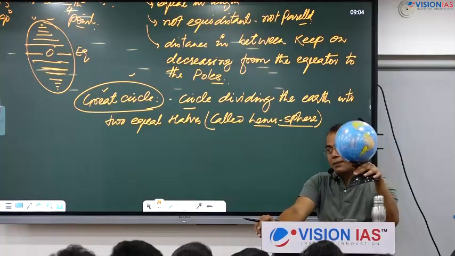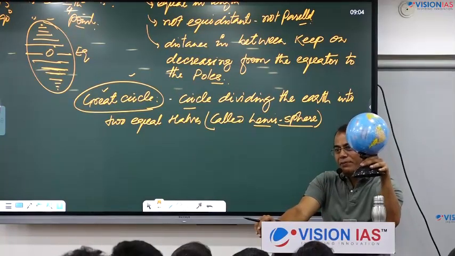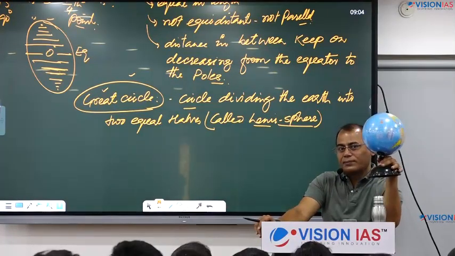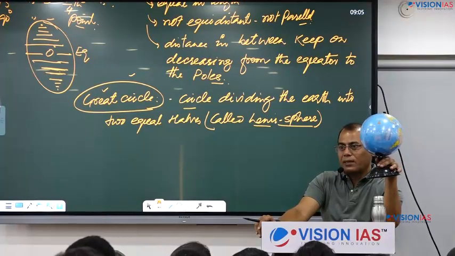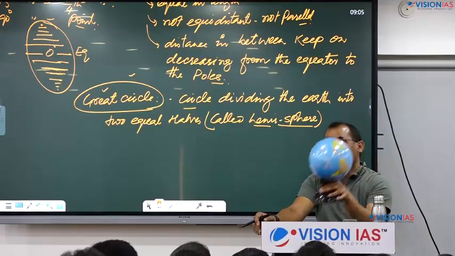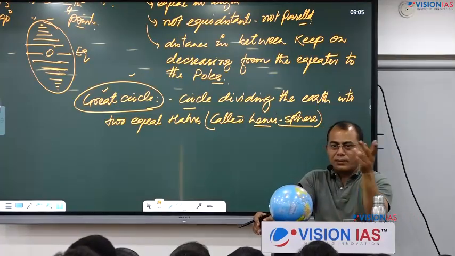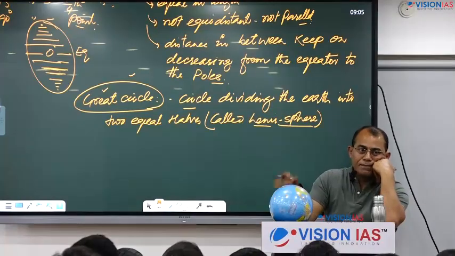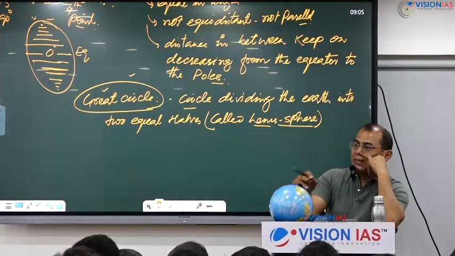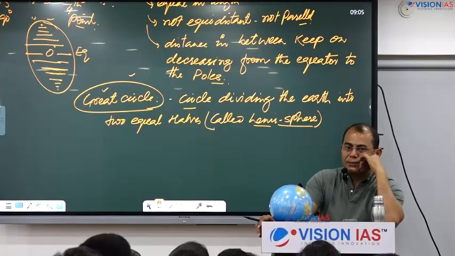Many ways, infinite numbers. However, we commonly use two ways. Northern hemisphere and southern hemisphere latitude wise. Eastern hemisphere and western hemisphere longitude wise.